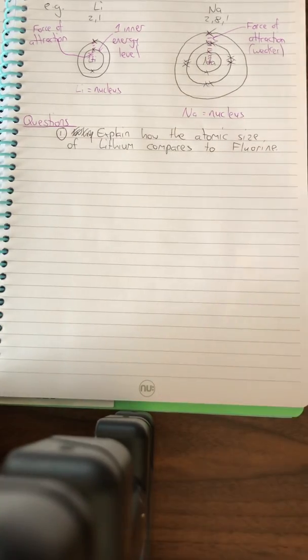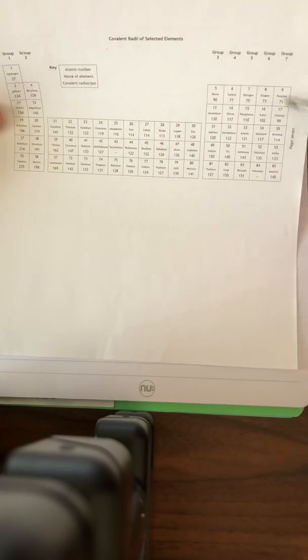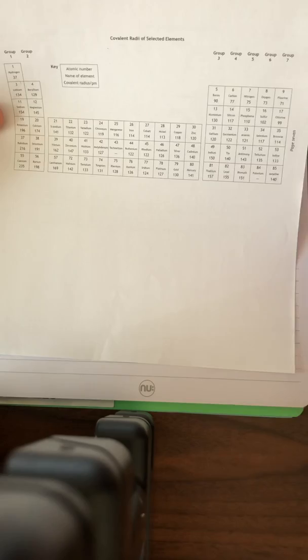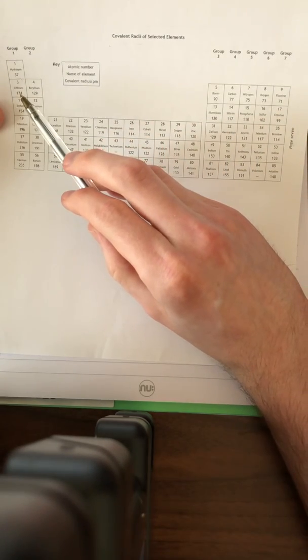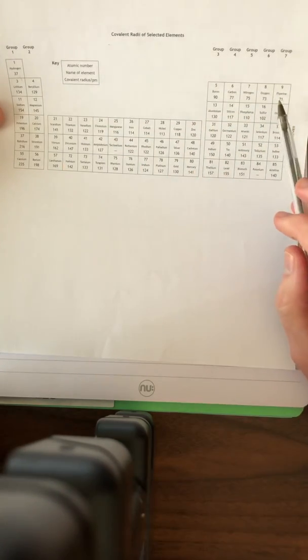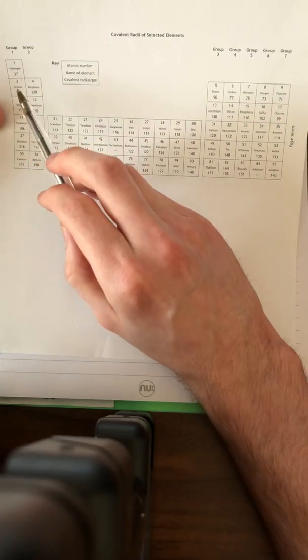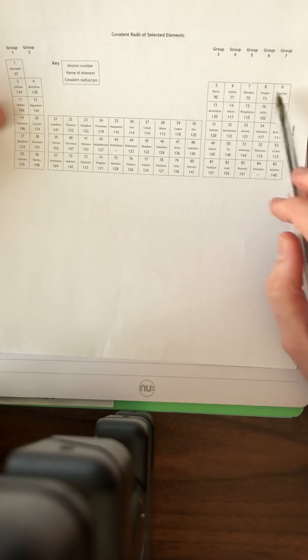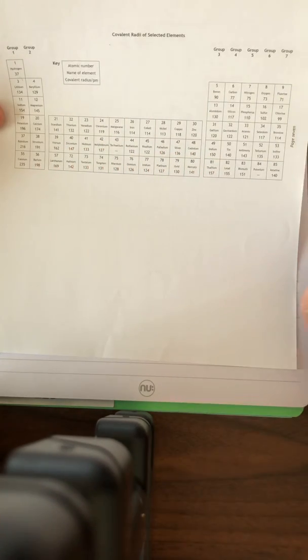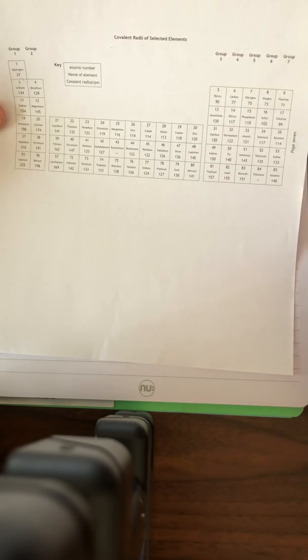If we look at page 7 in the data booklet, the covalent radii of selected elements: lithium is 134, and fluorine is 71. What you'll notice is that lithium and fluorine are in the same period. So we need to ask ourselves, are we talking about protons or are we talking about energy levels?